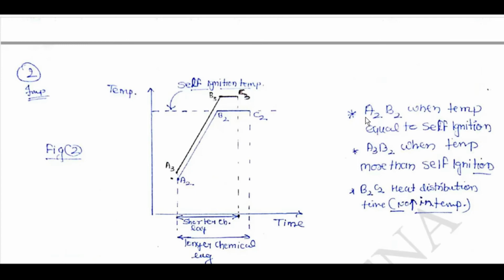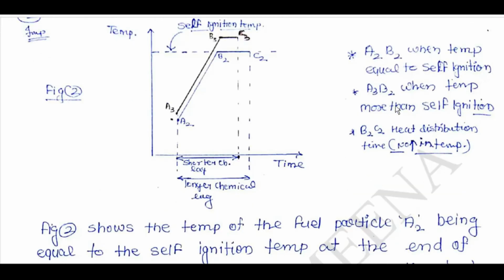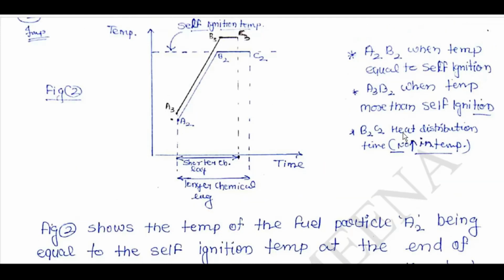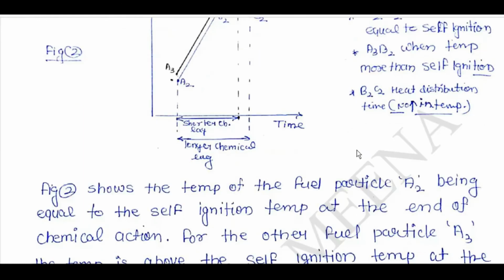A2, B2 when temperature is equal to self-ignition temperature. A3, B3 when temperature is more than self-ignition temperature. B2, C2 heat dissipation time. No increase in temperature.